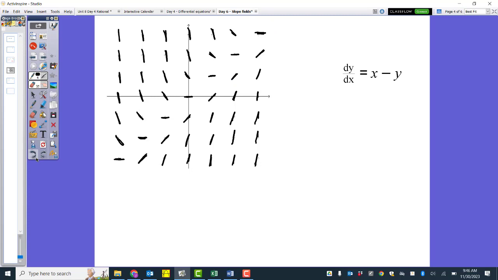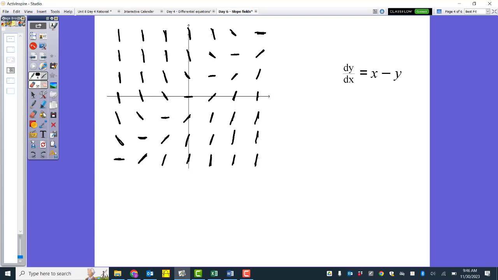You should have those pretty exact. But once you get to slopes of 3, 4, 5, negative 3, negative 4, negative 5, we're not looking for anything super specific. Like this one right here, it's positive 2, negative 4, so that's a slope of 6. I'm not looking for you to exactly get a slope of 6. That's the closest we're going to get for that one, so we're going to leave that one as it is.